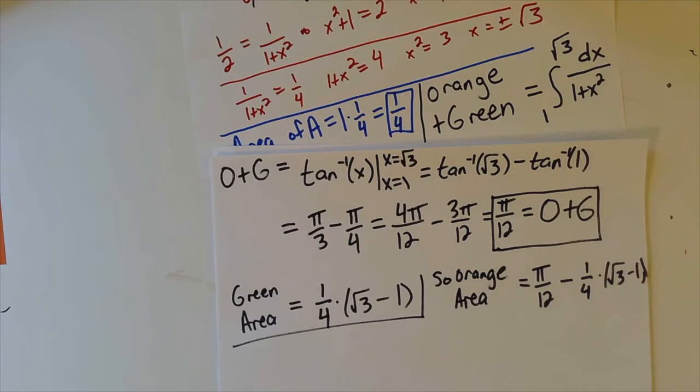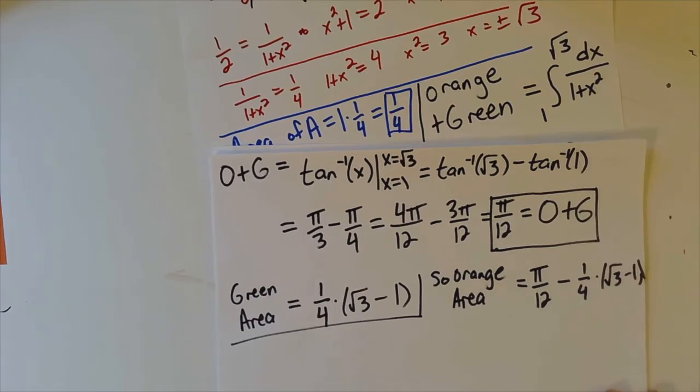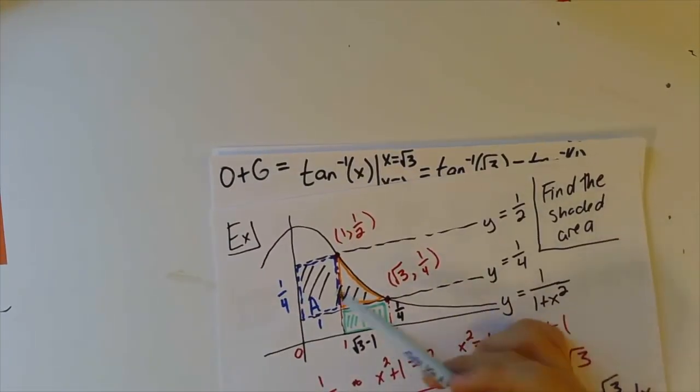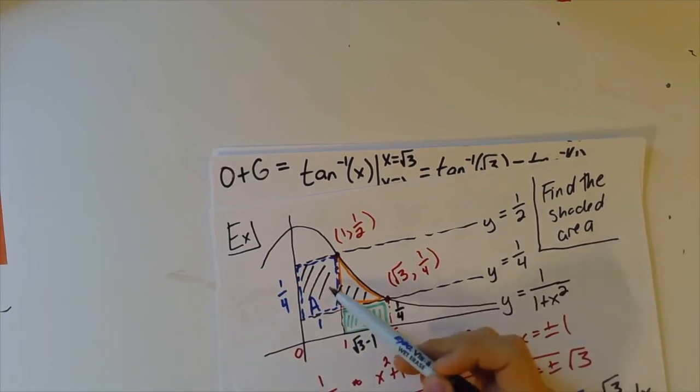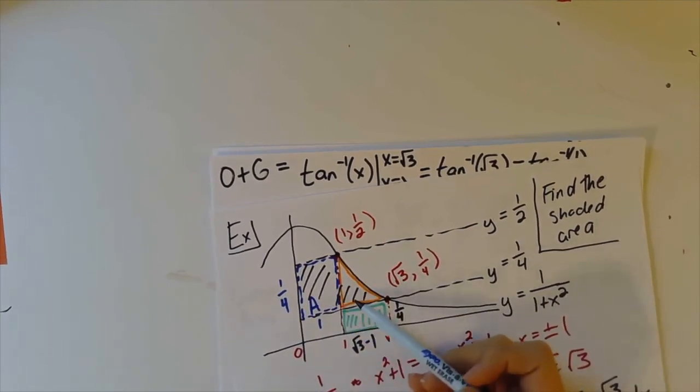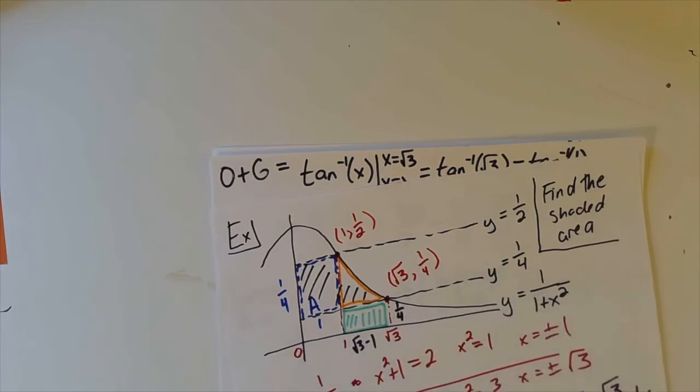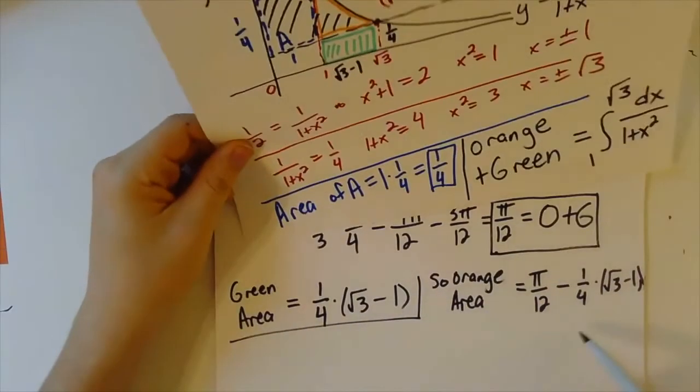Okay. And now, if we pay close attention, we're actually done, because the thing I wanted is the black area, and the black area is the blue area plus the orange area, and I know the blue area, and I know the orange area.